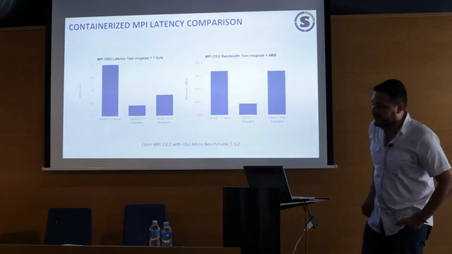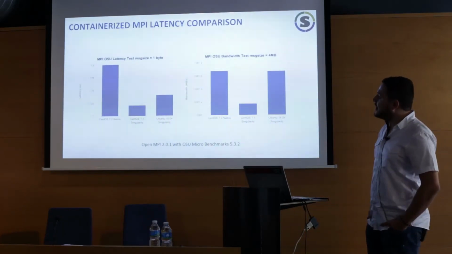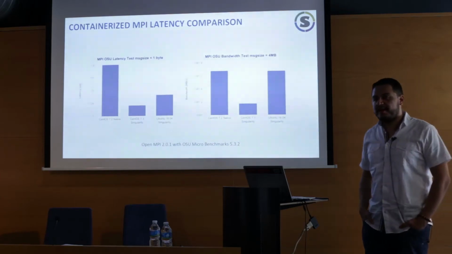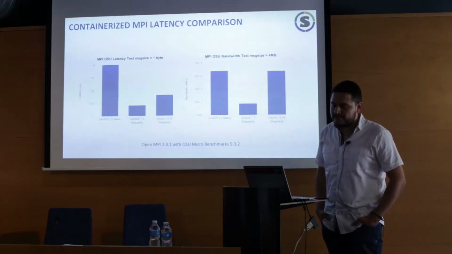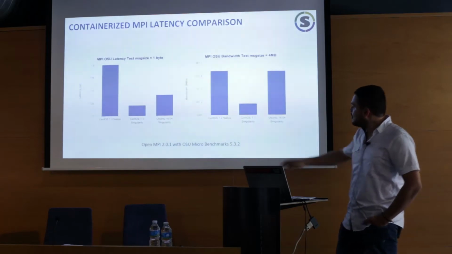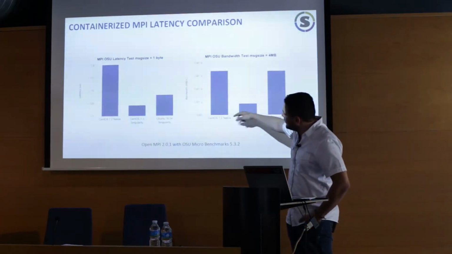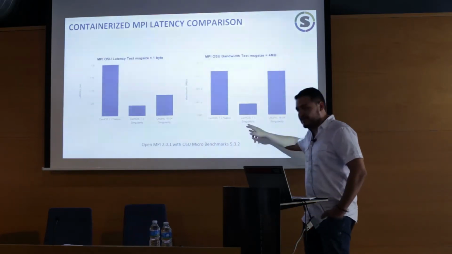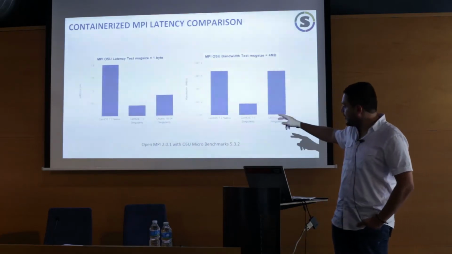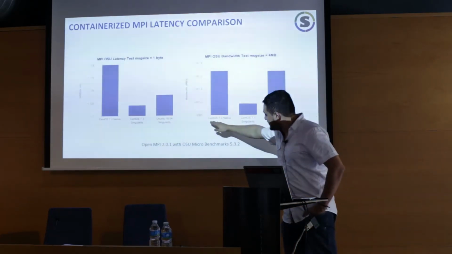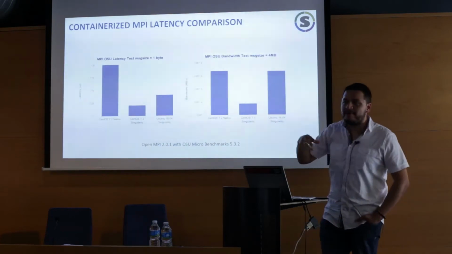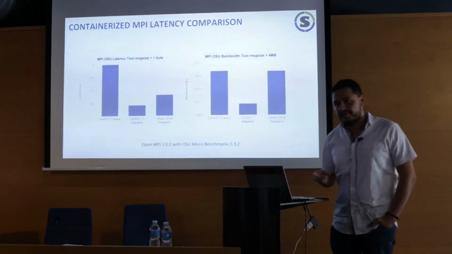Here is also another comparison, using MPI from inside a container and on the same host without a container. Here you can see that the latency of the bandwidth was less using the Singularity container than using the CentOS on the bare metal HPC.